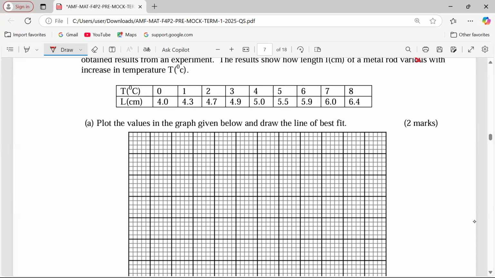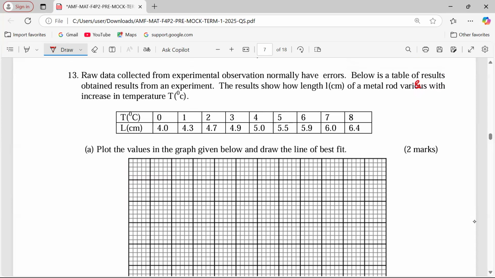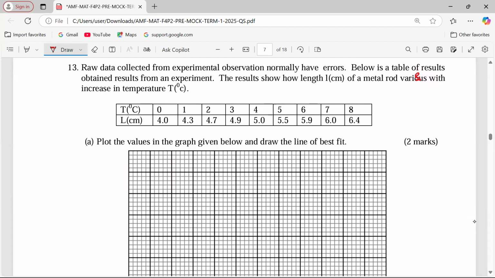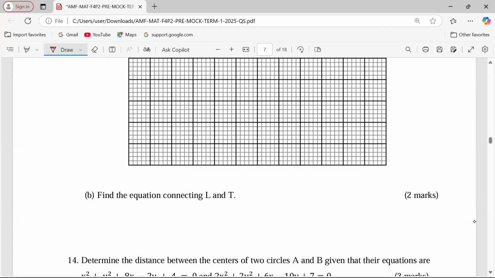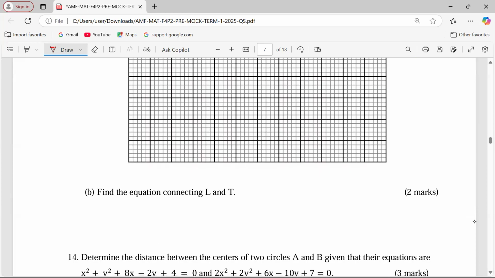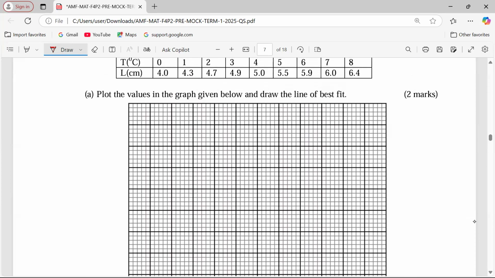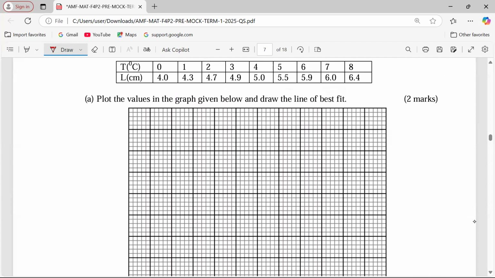So we can do that. Plot the values in the graph, and they should be values of the best fit. We can have any of these quantities on any of the axes.